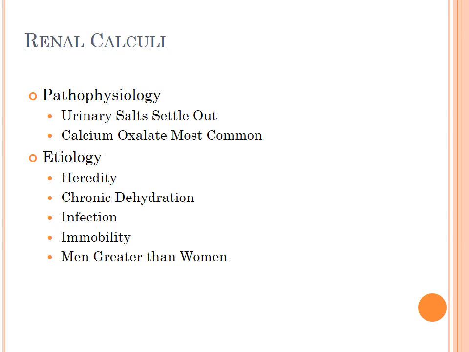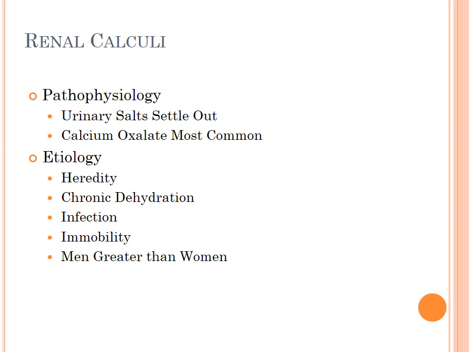Immobility, diet, and in general, men have more kidney stones than women. Under diet, a diet that's high in sodium or animal protein will increase the amount of calcium in the urine, so that could be a contributing factor.